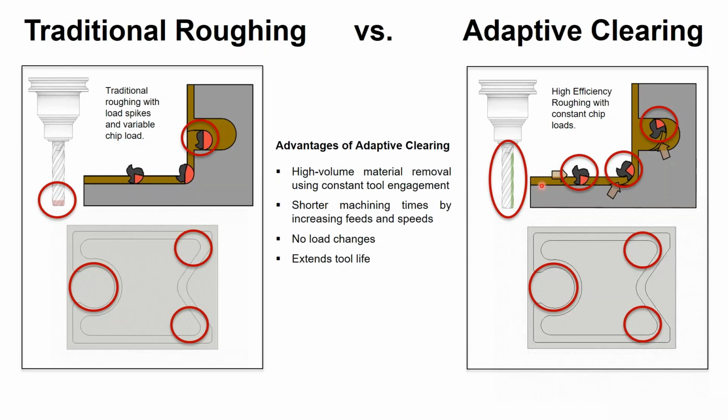It will never change. And also we will extend the tool life because we're using the whole length of the milling tool and we have full control of the cutting condition. So this is a really, really nice strategy. And if you try HSM, you should definitely go for the adaptive clearing.